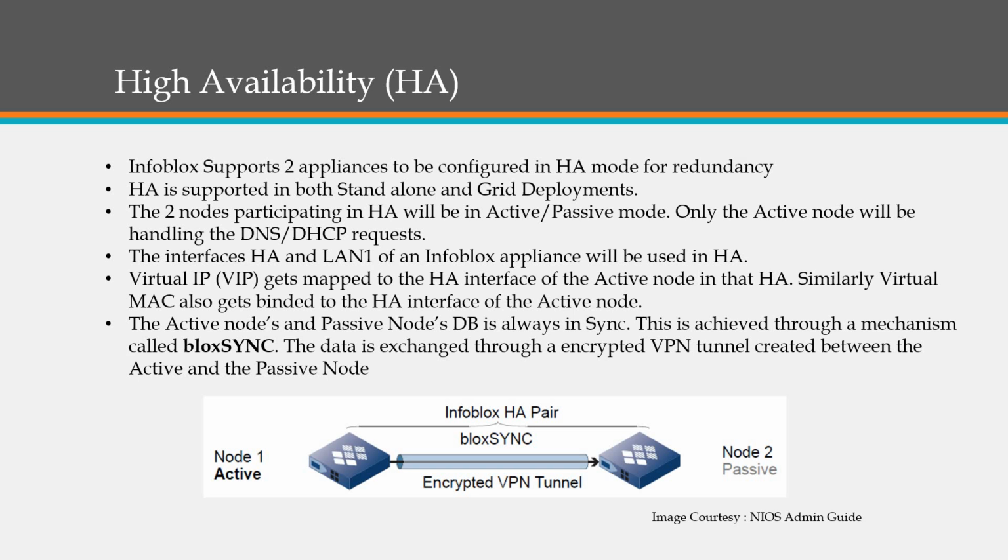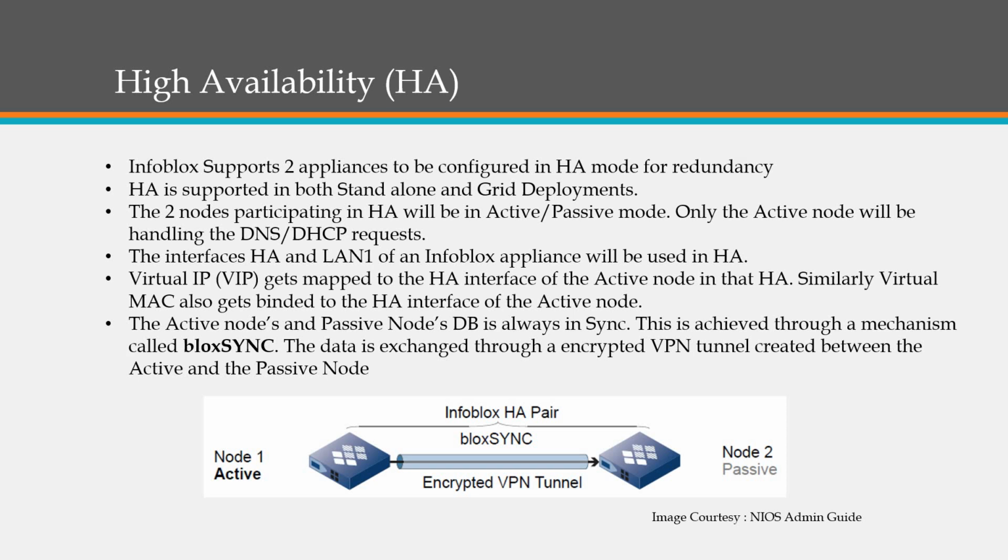Whenever we are using HA, there is a concept of a virtual IP address. This virtual IP address gets mapped to the HA interface of the active node of that HA pair. Similarly, there is a virtual MAC which gets bound to the HA interface of the active node of that corresponding HA pair.